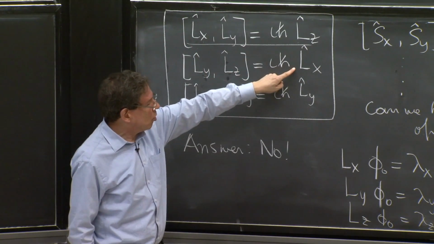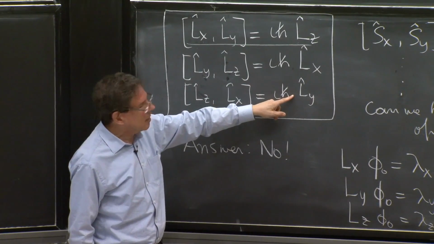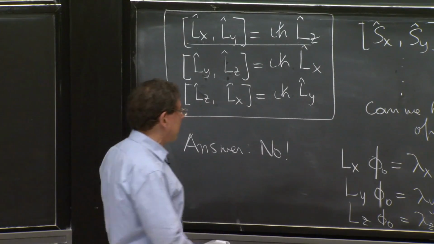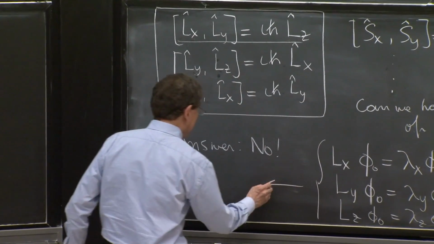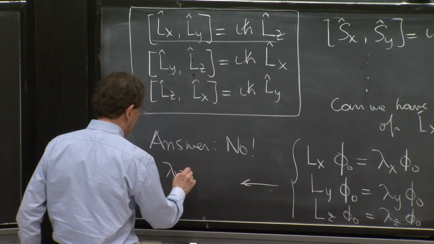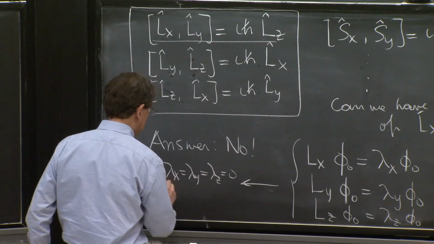But then it would show that lambda x is 0. And this would show that lambda y is 0. So at the end of the day, if these three things hold, then all of them are 0. Lambda x equals lambda y equals lambda z equals 0.